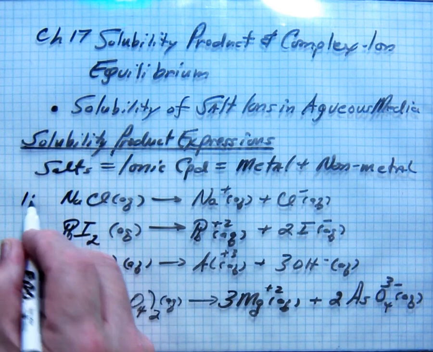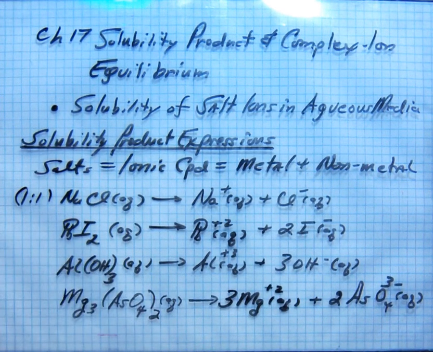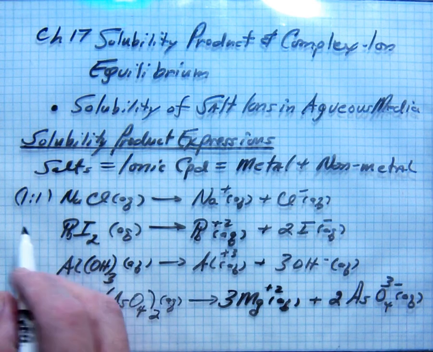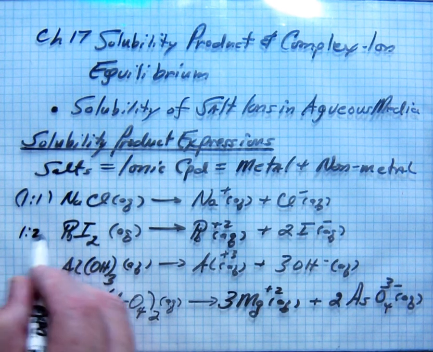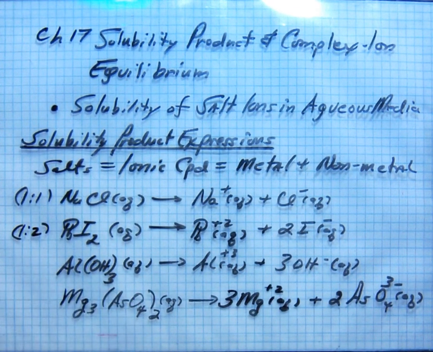Now, what you may be noticing is that the first example is a 1-to-1 ionization ratio. When sodium chloride and potassium chloride or any of those ionize, it's a 1-to-1. 1 mole of sodium chloride will deliver 1 mole of sodium ions and 1 mole of chloride ions, right? The second one is a 1-to-2 ionization ratio.